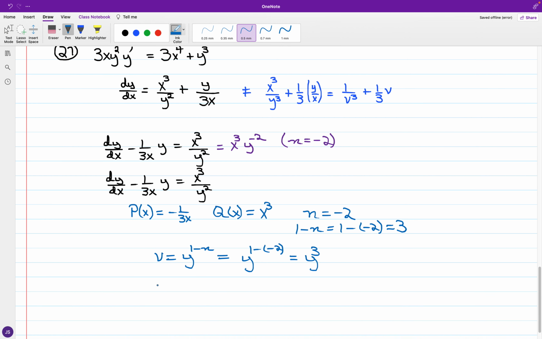So we got that v is equal to y cubed, and rewriting in terms of y equals, taking the cubic root of both sides, I have that y is equal to v to the 1/3. Taking the derivative with respect to x on both sides, dy over dx is going to be equal to 1/3 of v to the negative 2/3 dv over dx.